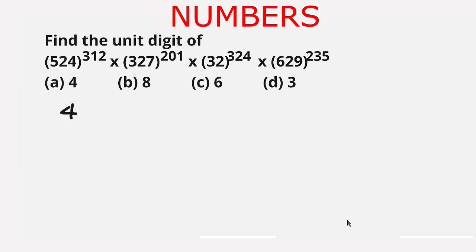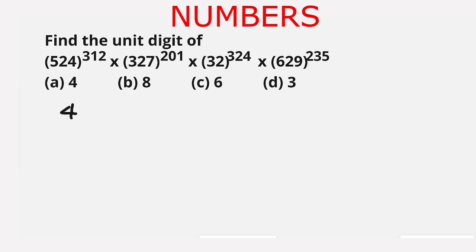We divide this power by 4. For that, we will only divide the last two digits of the number 312, and 12 when divided by 4, it divides completely. So we will take the power 4, not 0. We will take the remainder 4, not 0.